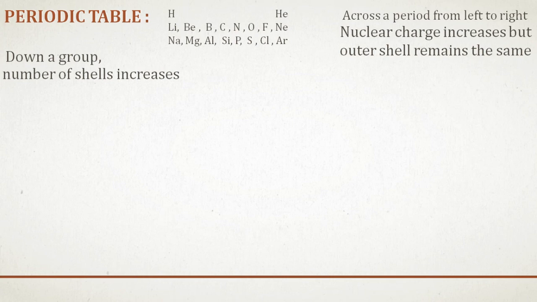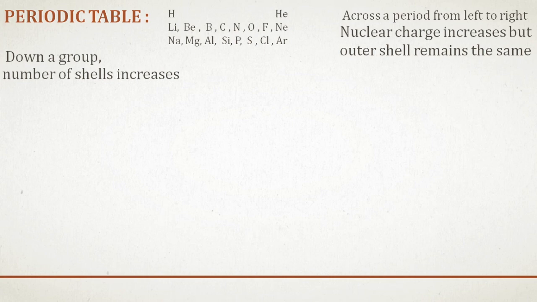For the third period, from sodium to argon, there are three shells. So the number of shells across a period from left to right is the same, but what is increasing? The atomic number. Like hydrogen is 1, helium is 2, then 3, 4, 5, 6, 7, 8, 9, 10, and so the atomic number is increasing, 3 to 12, right?